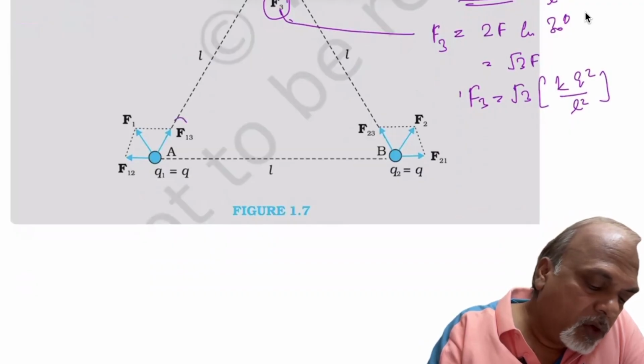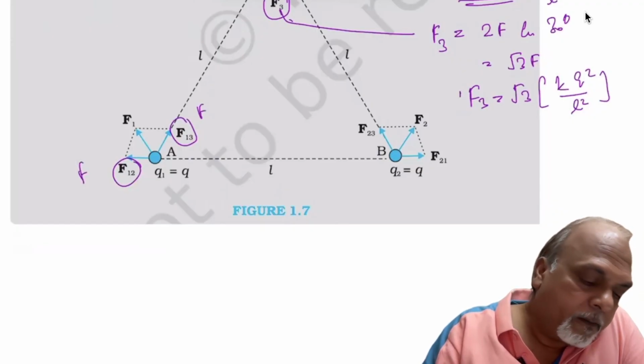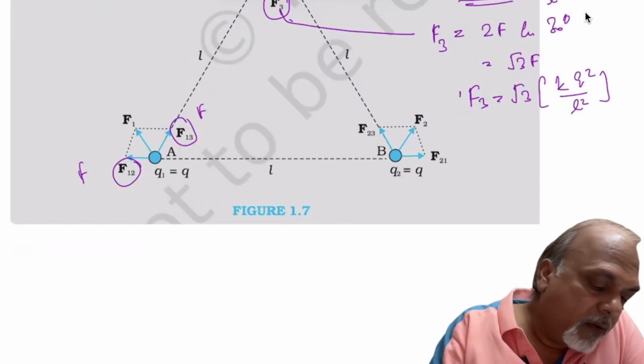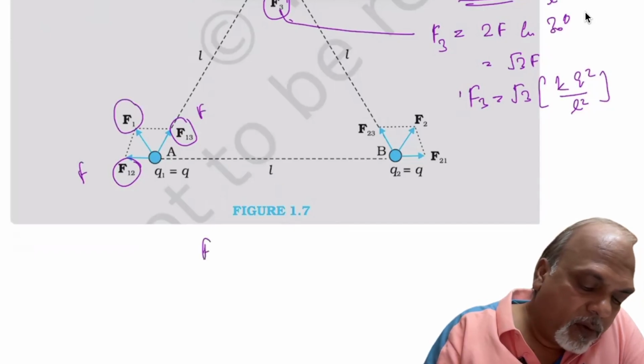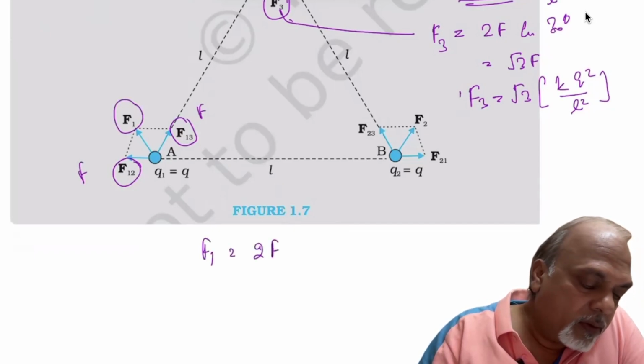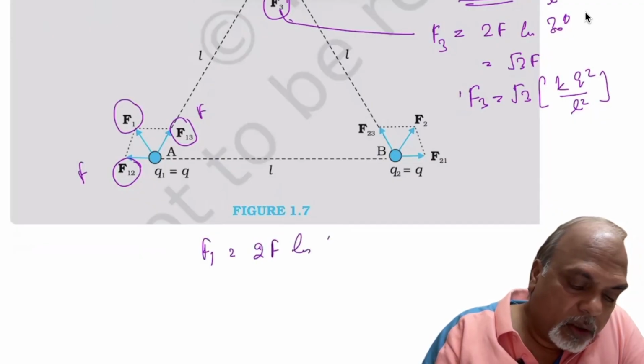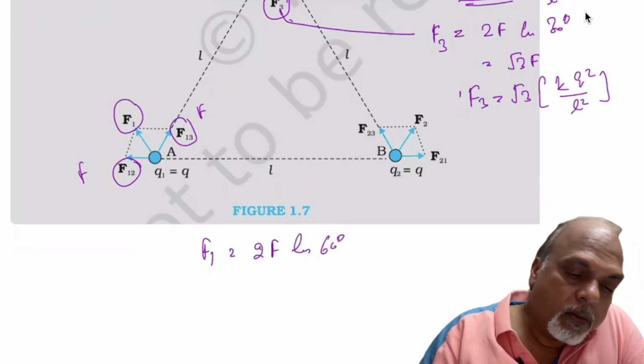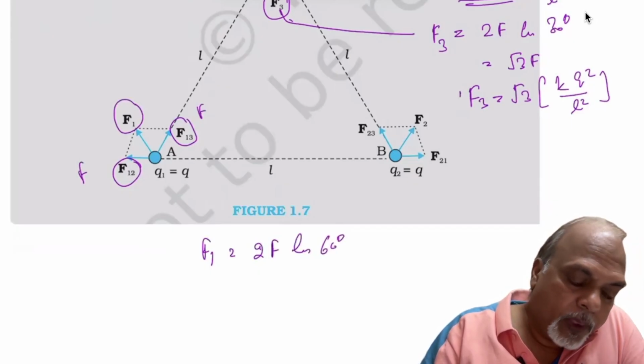F1, magnitude wise, this is your F. Correct? So your F1 will be nothing but 2F cos 60 degree. Correct?